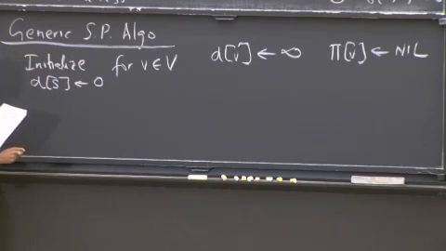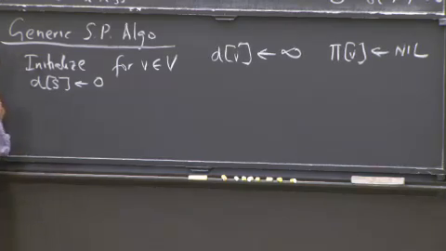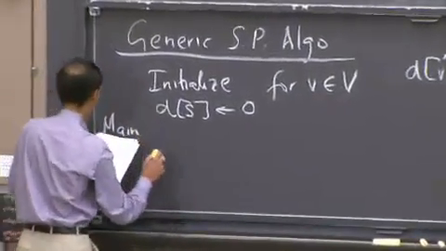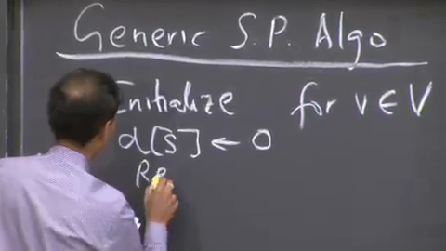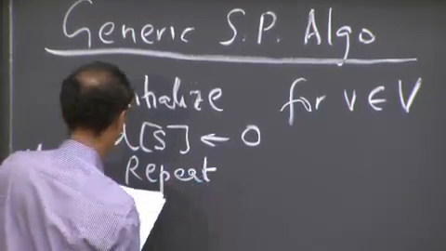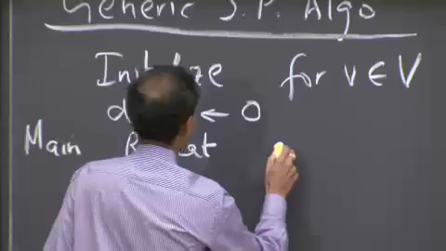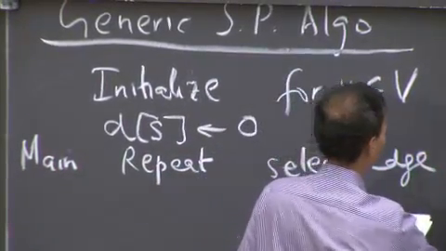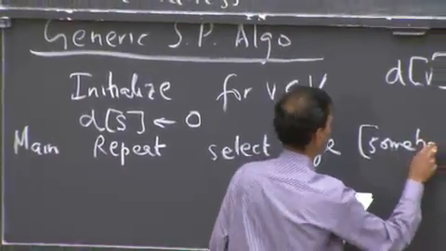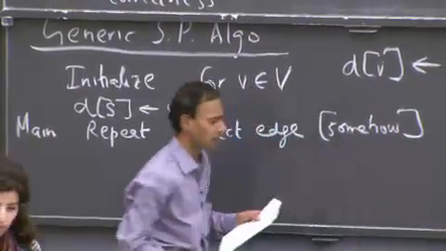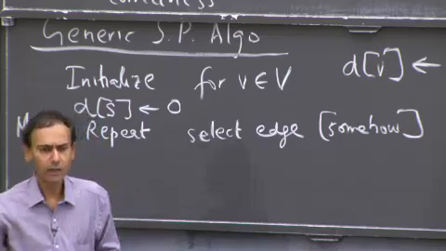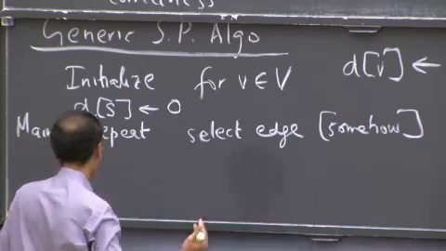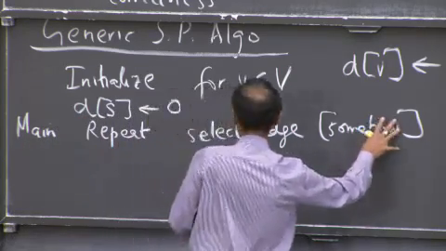That's your source. And the main loop would be something like repeat select an edge, and we have a particular way of selecting this edge when we have positive edge weights that corresponds to the minimum priority. And we talked about Dijkstra, but we have maybe different ways of doing that.